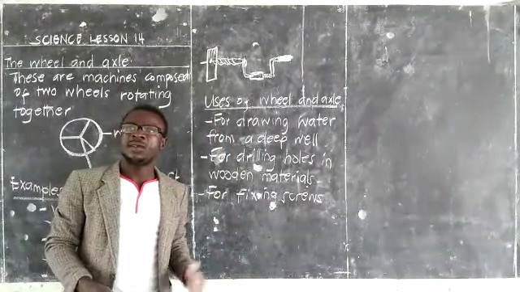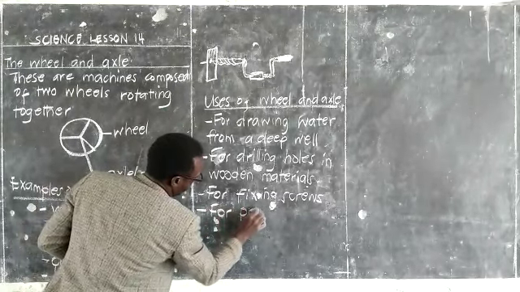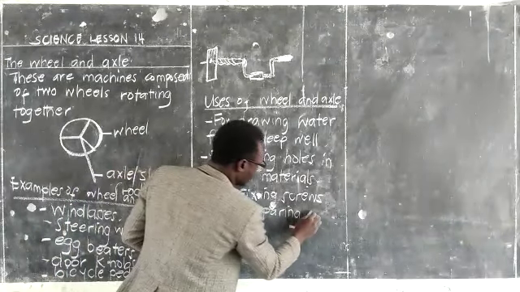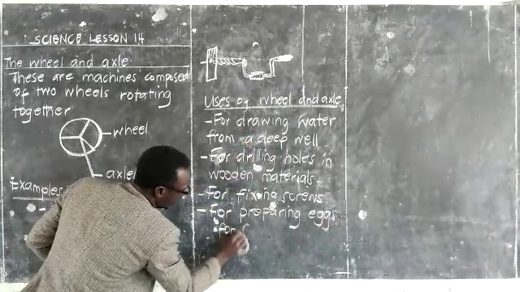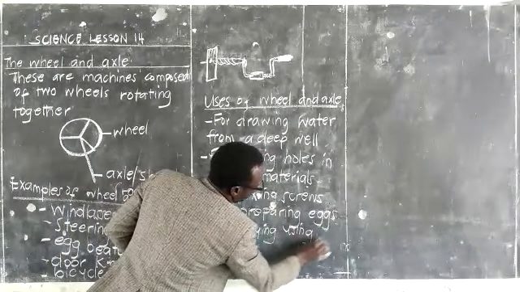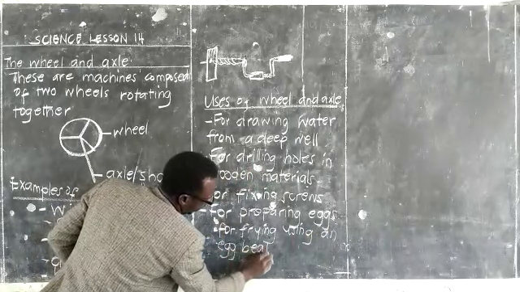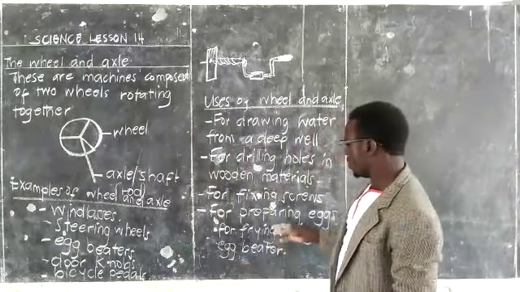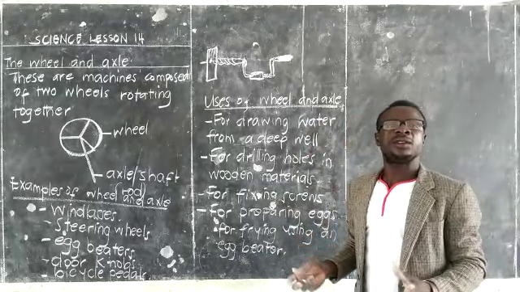And lastly, for preparing eggs for frying using an egg beater. We have a machine called an egg beater, which is used for preparing eggs that are to be fried.